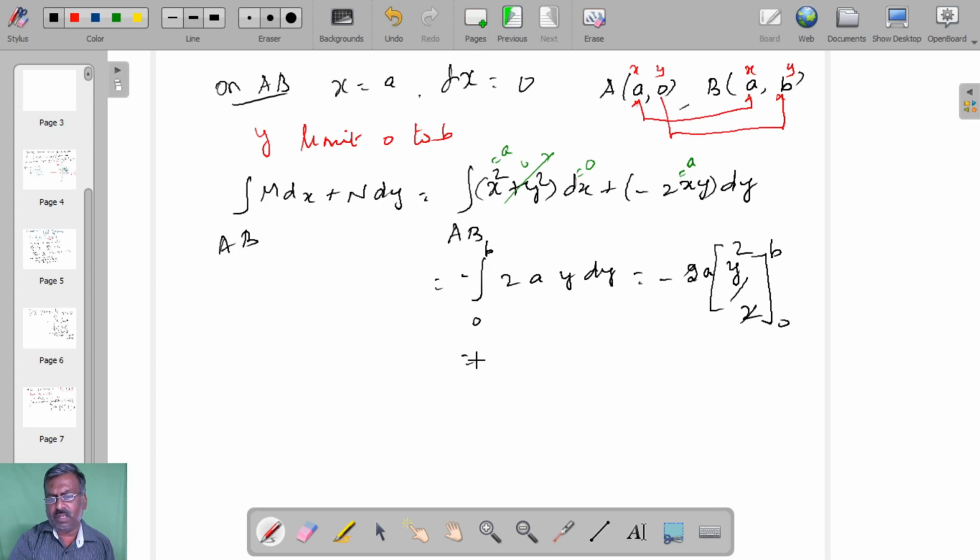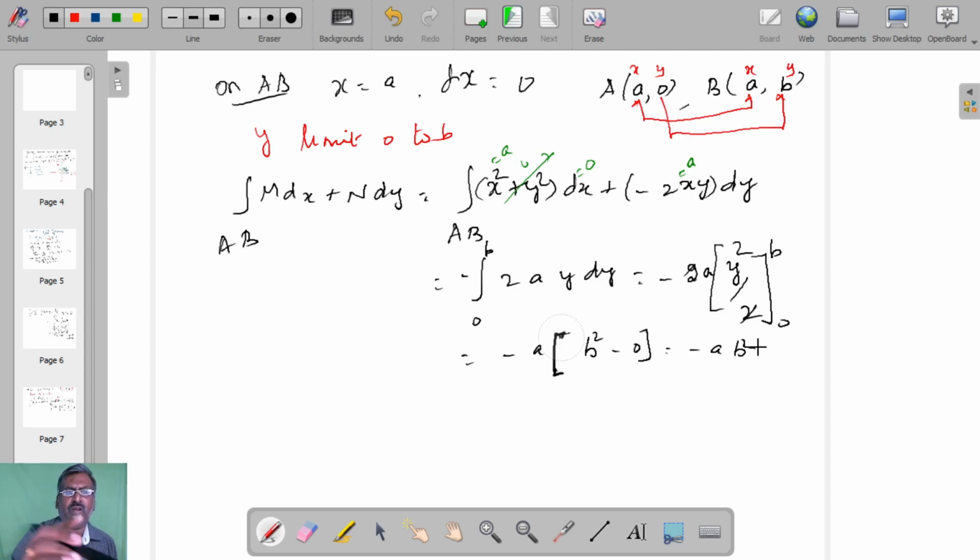Then apply the limit here. Minus a into the upper limit, which is b squared. Lower limit is 0. So minus a b squared. This is the integration for AB.